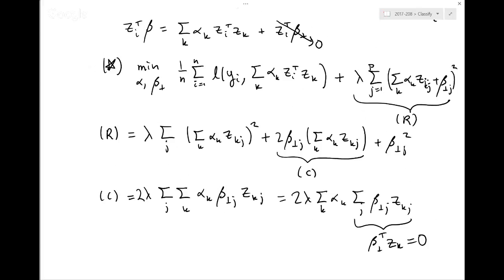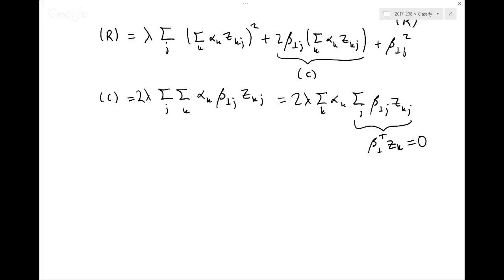So now if we put this all together, we would see that the regularizer term, this lambda sum of the beta_j squareds, can be written as lambda times the sum of something that has nothing to do with beta perp, and then just lambda times the sum over j of beta perpendicular j squared. And that's the only place where beta perp comes in.